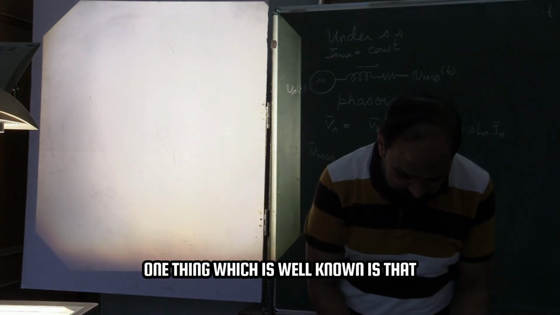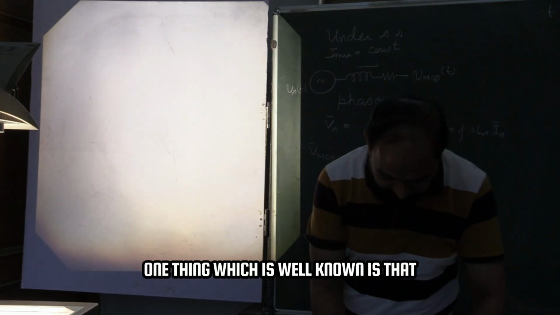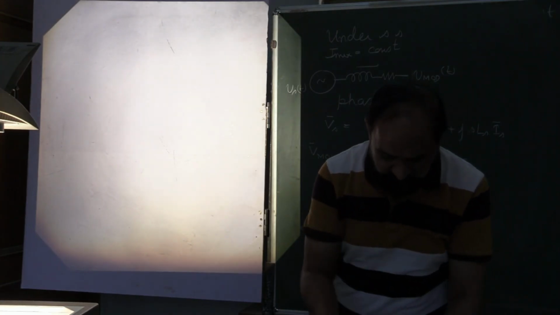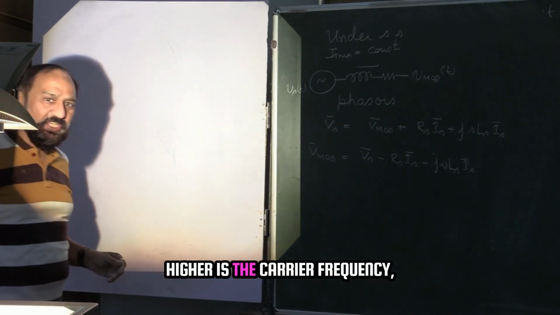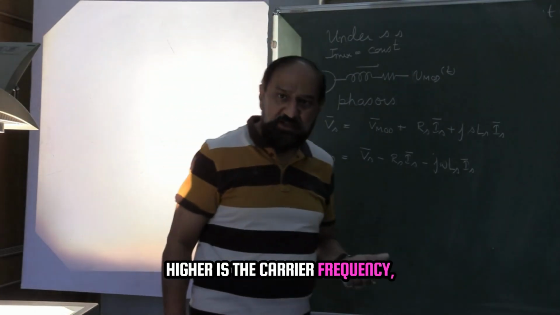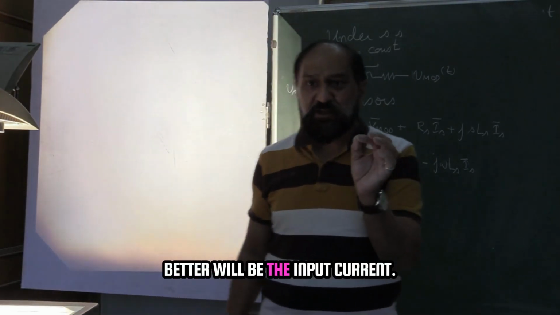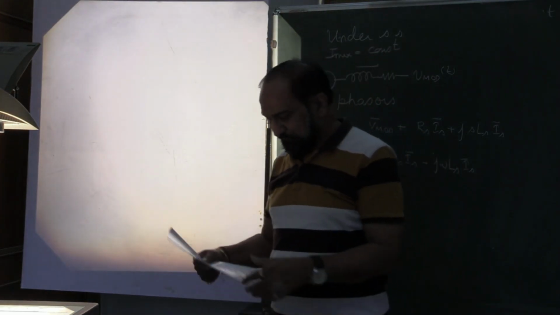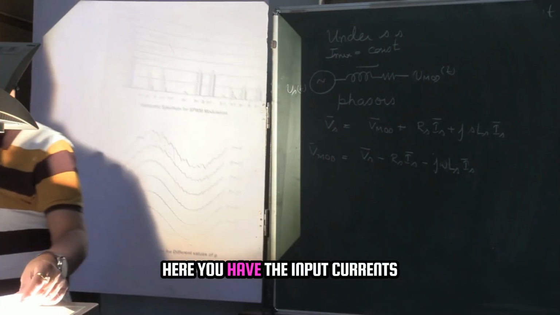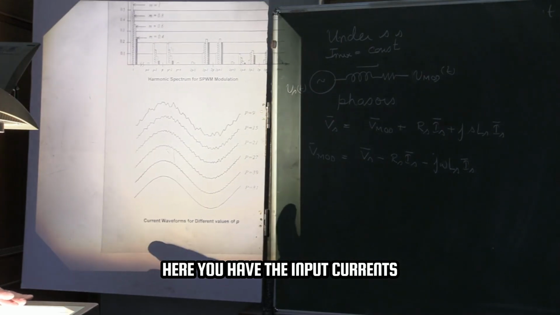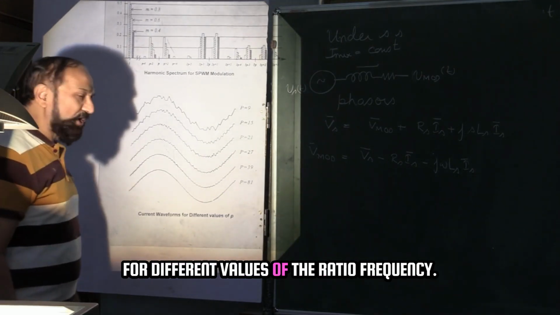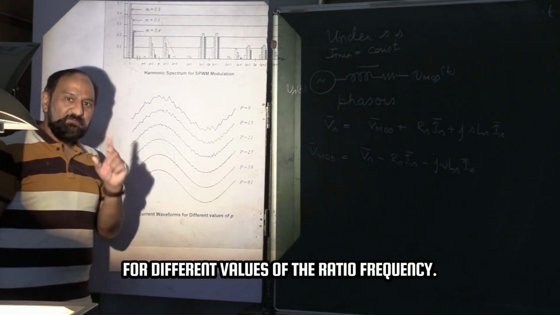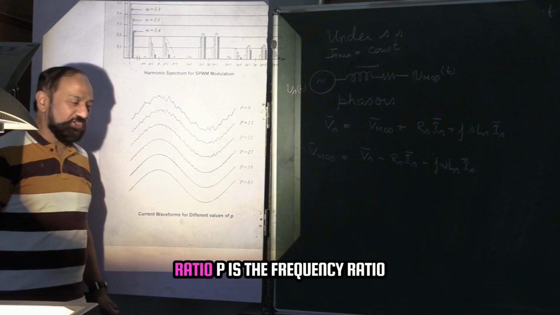One thing which is well known is that the higher the carrier frequency, the better the input current. Here you have the input currents for different values of the frequency ratio.